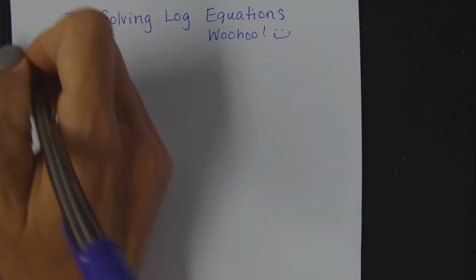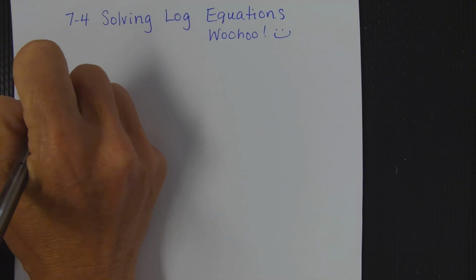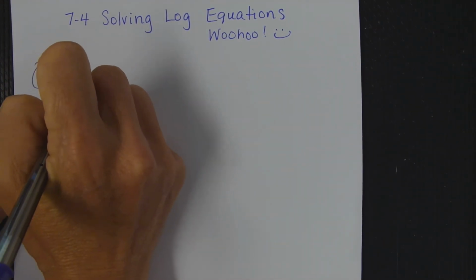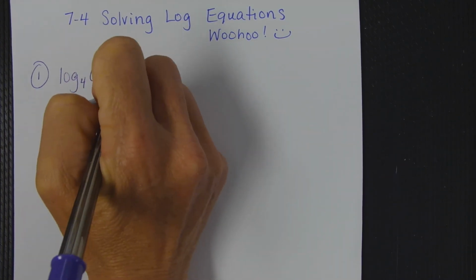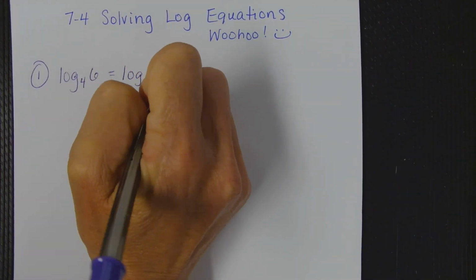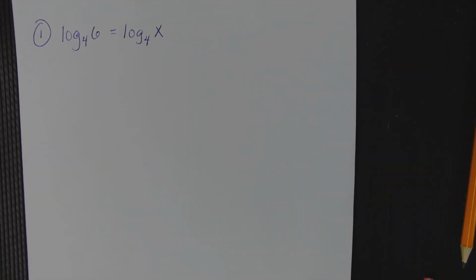All right, I'm just gonna start with examples. If I give you log base 4 of 6 equals log base 4 of x, what do you notice about the base here? This is very, very basic.